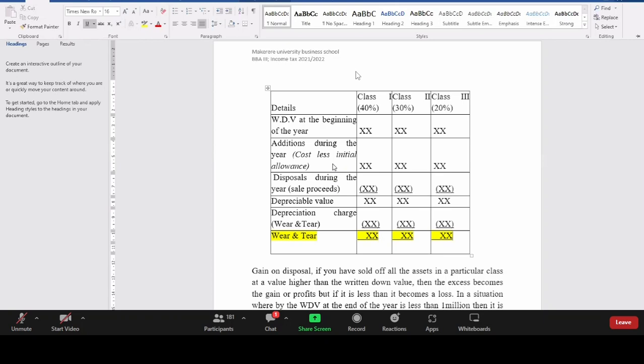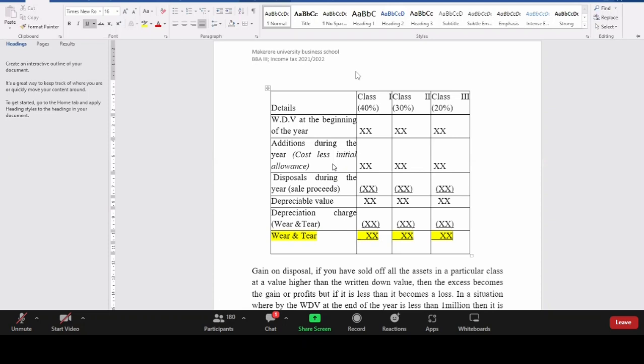We said you start with the written down value you had last year, which becomes the opening for this year. You add additions, any newly added asset, which must be plant and machinery, utensil, any implement, or any article related to utensil, provided it has been used for production of income, including gross income, and it must be depreciable.